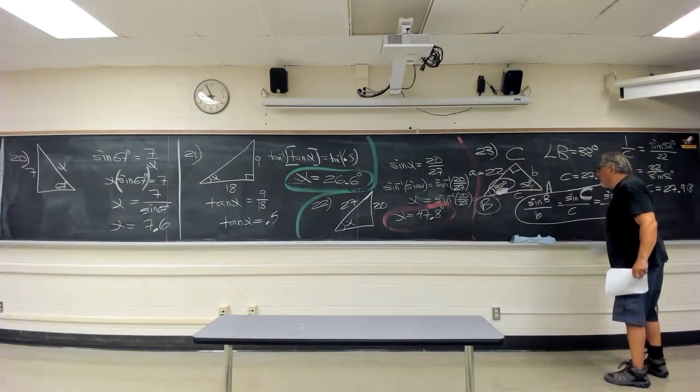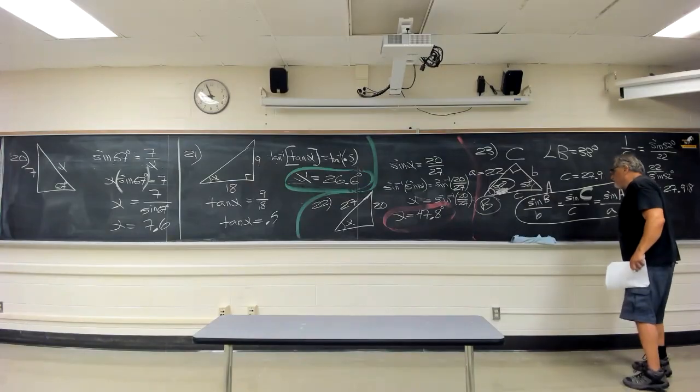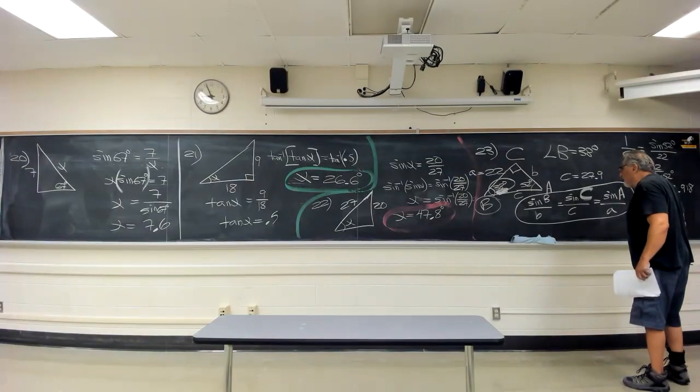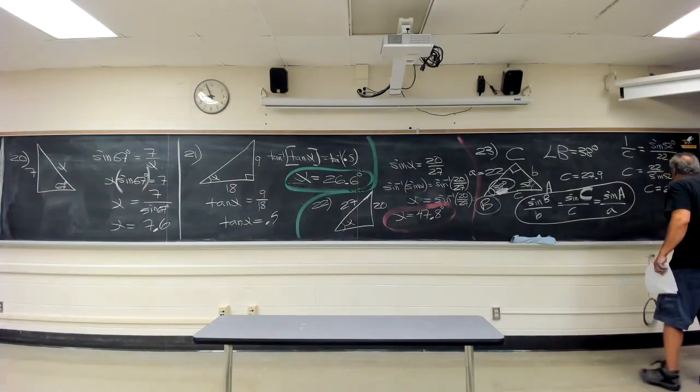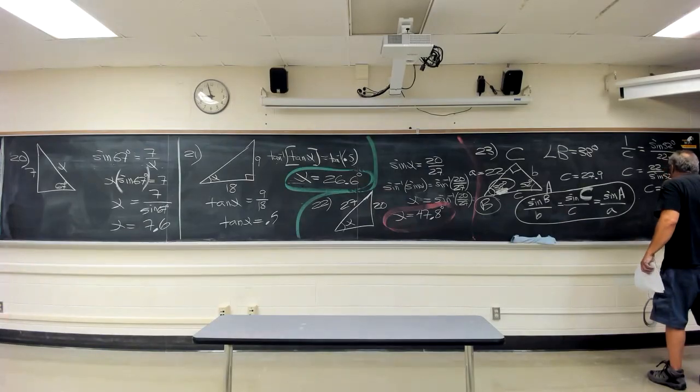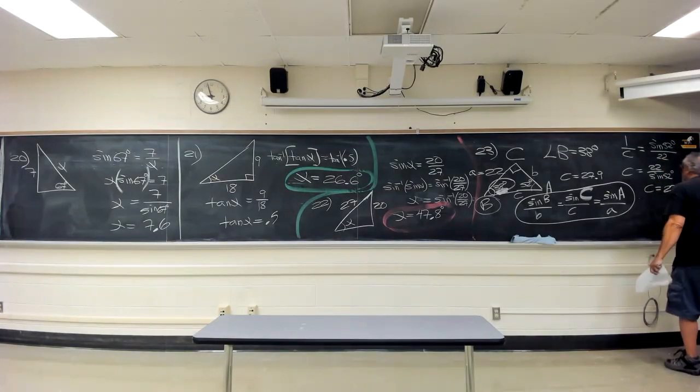Find B. Well, it doesn't matter which way you go. I can go the sine of 38 degrees over b is equal to, a lot of stuff. I can use this right here.